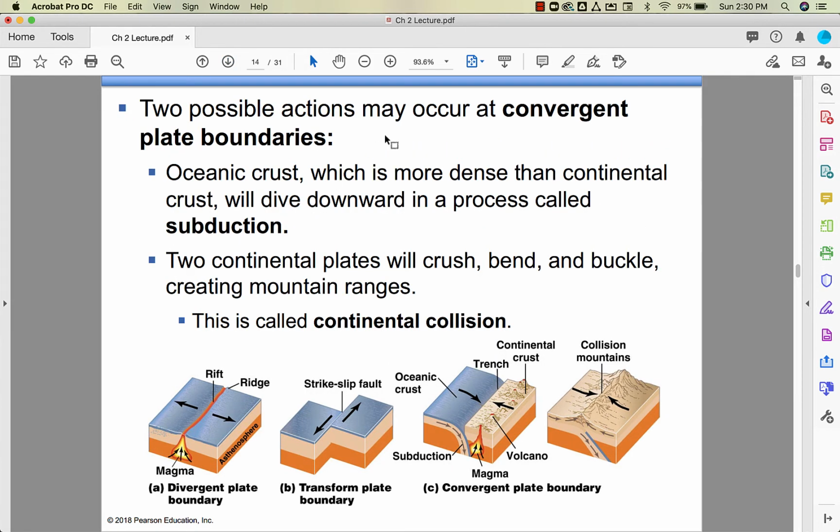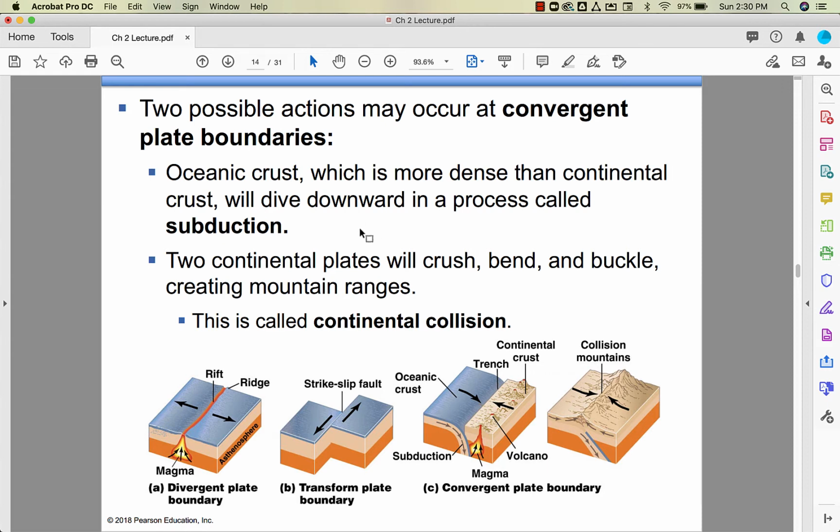There's actually 3 possible actions that can occur at convergent boundaries. You can have convergent boundaries that are 2 pieces of oceanic crust coming together. You can have a convergent boundary where you have oceanic and continental crust coming together. And then the third kind is having 2 pieces of continental crust come together.